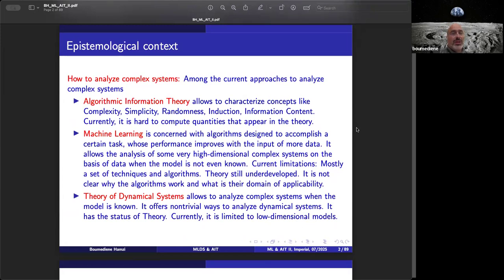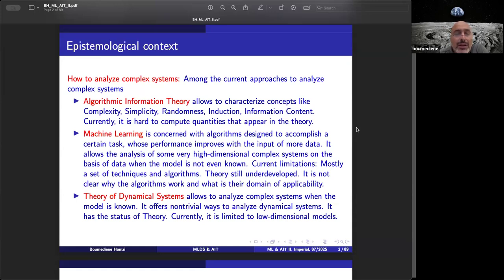I think this was the object of this entire conference, where we saw how AIT is important, especially in its relation to machine learning, which is the other approach to analyze complex systems when the model is not known but the data is available. Among the current limitations of machine learning is that it's mostly a set of techniques and algorithms, and the theory is still underdeveloped. It's not clear why the algorithms work and what their domain of applicability is.